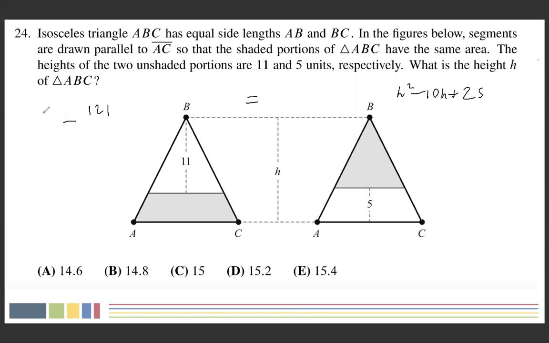Get all that nice canceling. And now we get even more nice canceling, in that this H squared here cancels out with this H squared here. Remember, this is a negative 121. And now we move the negative 10H to this side, 10H. We move the negative 121 to this side, 121 plus 25, 146. And we simply get H equals 146 over 10, which is equal to 14.6. And that is choice A.